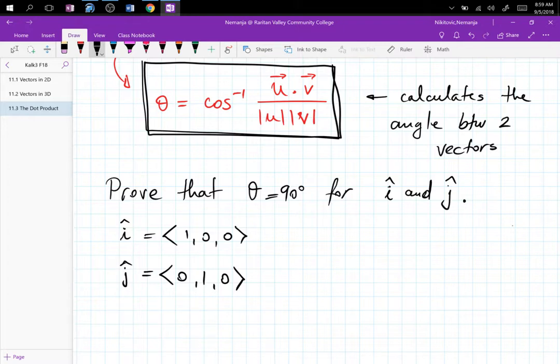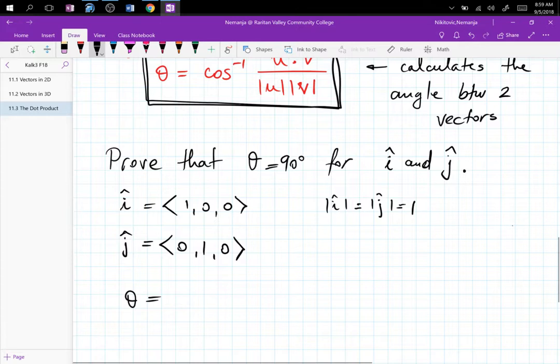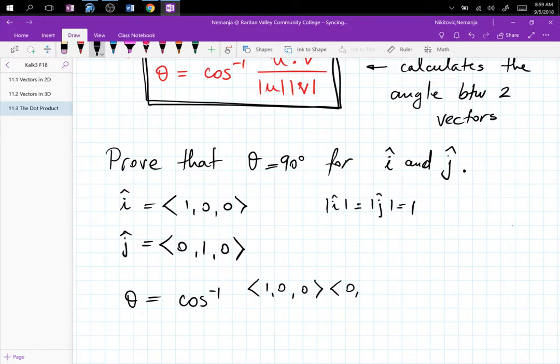So we know that these are unit vectors, hence those little hats. So the magnitudes are 1. And we have theta equals cosine inverse of the dot product, which will give us 0, divided by 1 times 1.